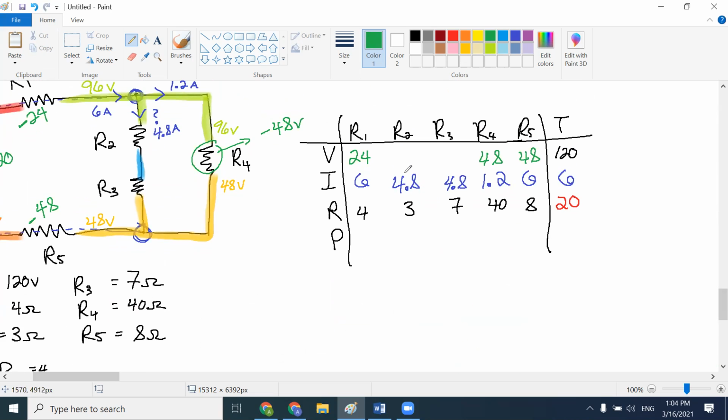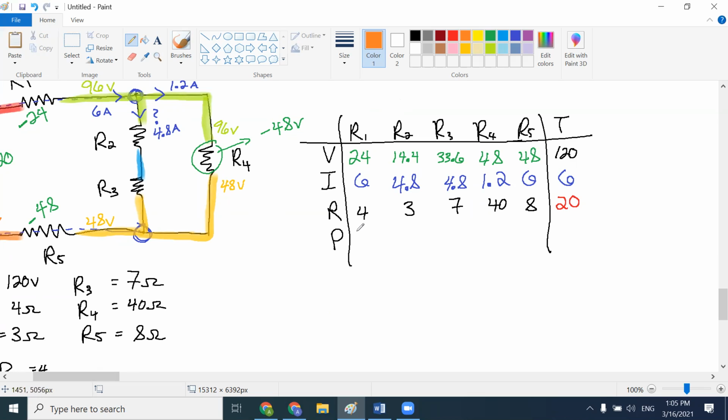Let's make sure that it is. 4.8 times 3. That's 14.4. 4.8 times 7. That's 33.6. Oh, by golly. 14.4 plus 33.6. 48. It's like magic, except it's not because it's real.